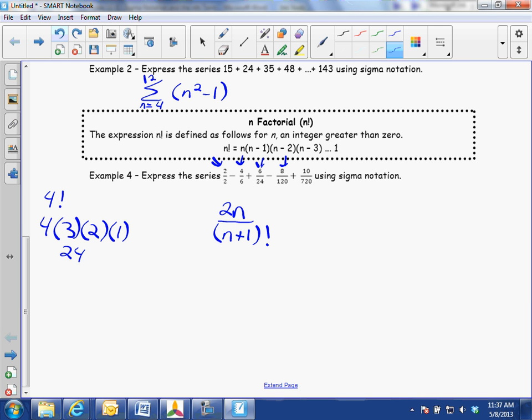N is 1, n is 2, n is 3, n is 4, n is 5. With the sigma notation, we're starting with n is 1 all the way to n is 5, so we have 5 terms. But we still have to figure out how to get from negative to positive.